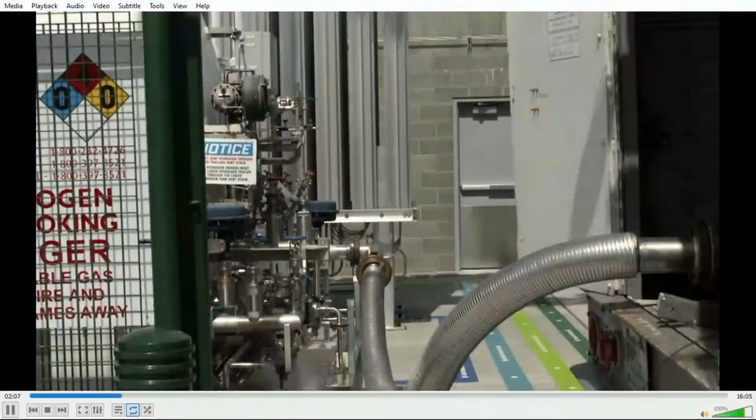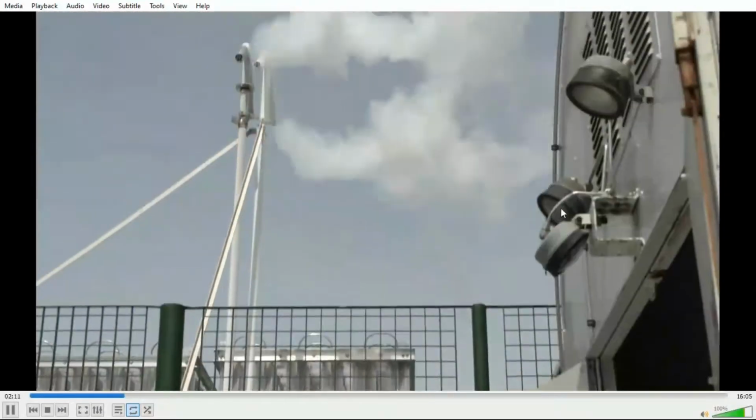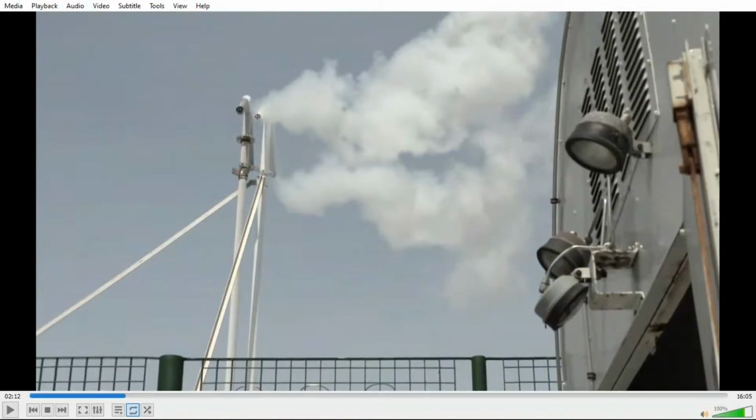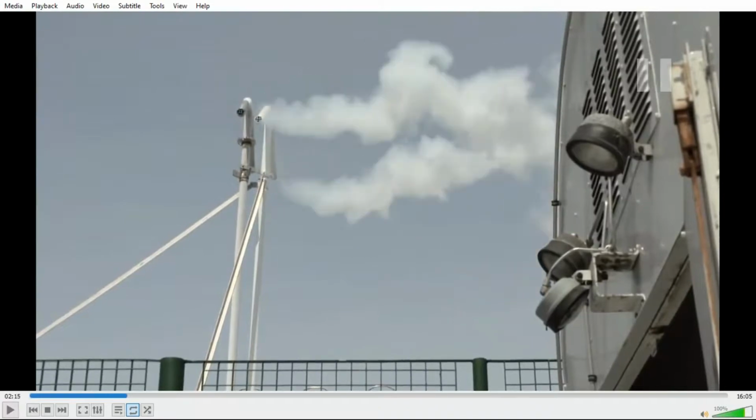Sir, actually there is no audio. You're not able to hear the audio? No. Wait. We may not be able to play the audio. That's fine. Wait, let me check. Now we can hear.